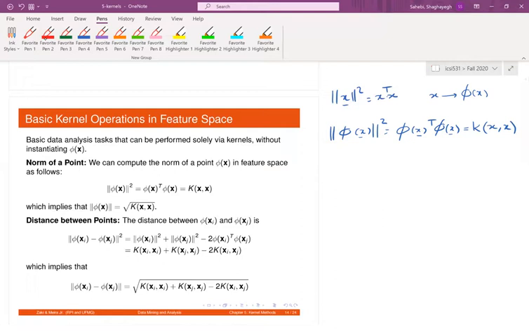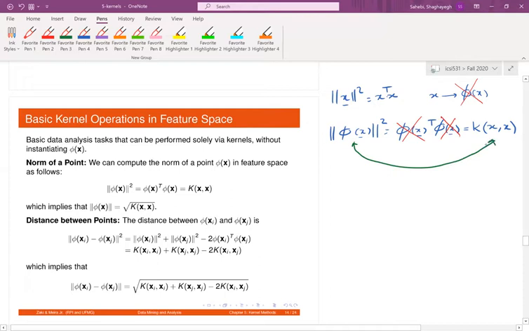So we don't have access to phi of x directly, but we can calculate the norm of the data point in our new feature space only based on the kernel, right?